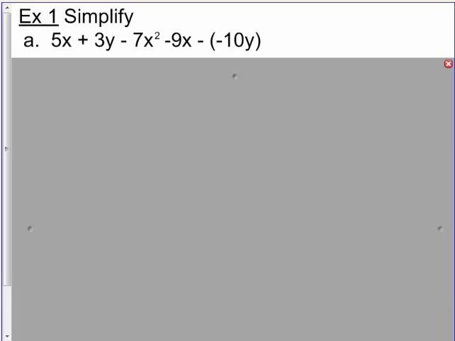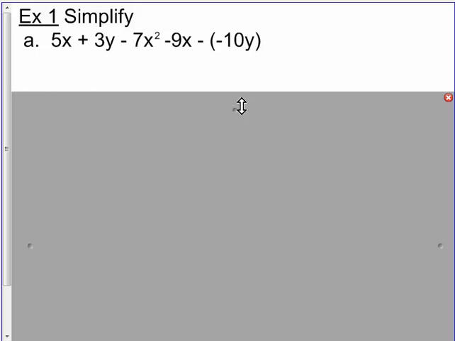Looking at example 1. First thing I want to do is look and see what I could simplify a little bit. So I look at the minus negative 10, and I realize I should simplify that before I start moving stuff around, before I start combining like terms. Now remember, minus and negative, that just means plus here.